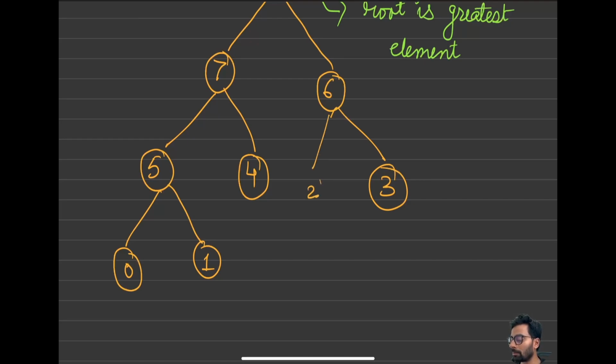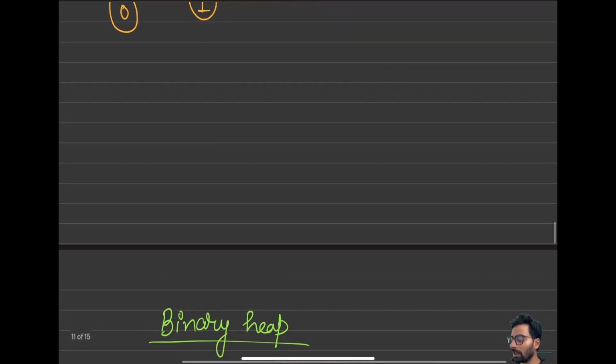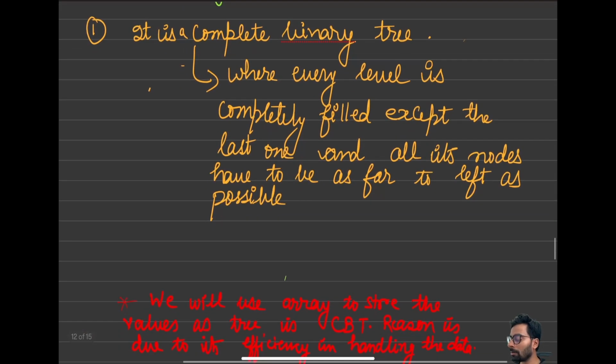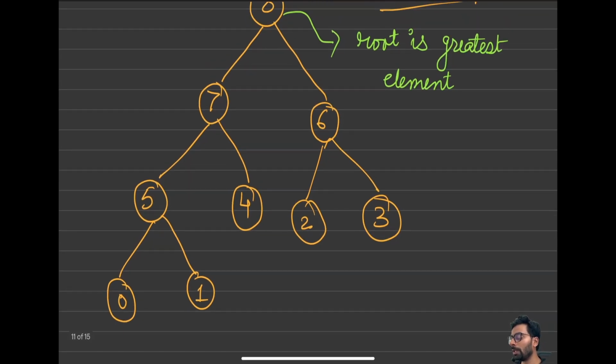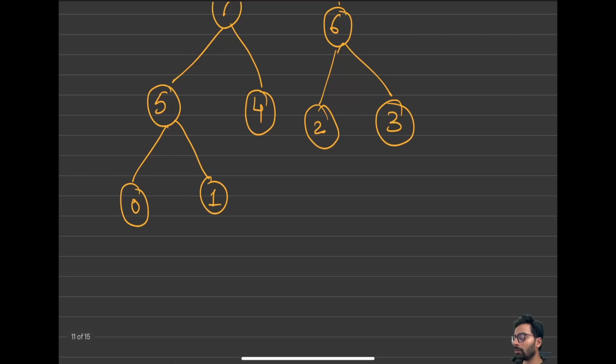So I will just write it down. This is about the levels being filled, and the second thing is all nodes should be as far left as possible. Like first of all, all levels should be filled. But if it is not filled, in the example here, you can see that this last level is not completely filled.